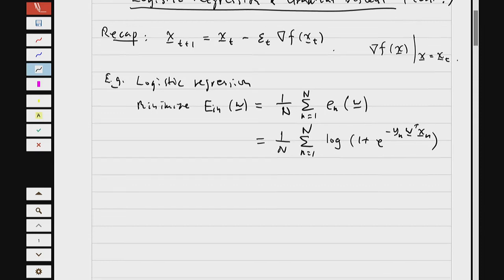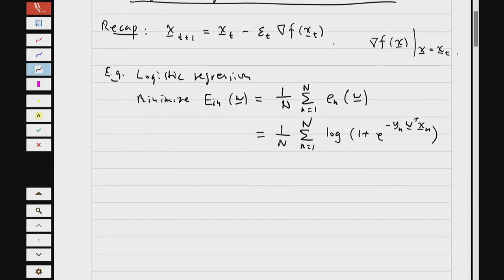How do we minimize this? Using gradient descent. So let's find the gradient. In the GD method, we are trying to optimize W now.